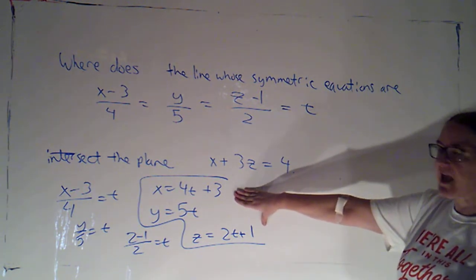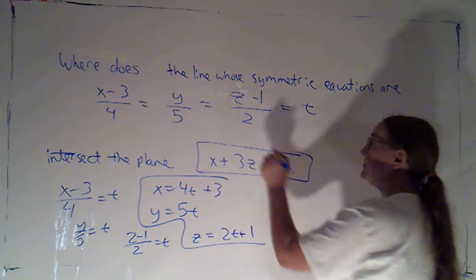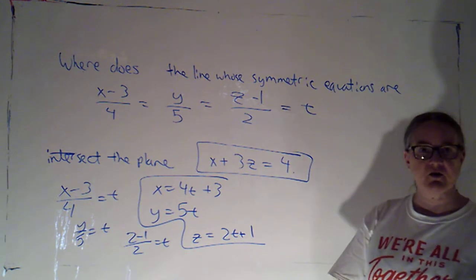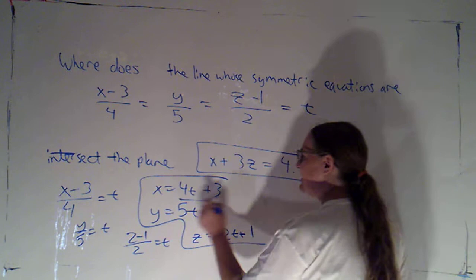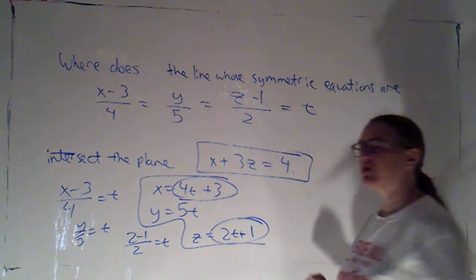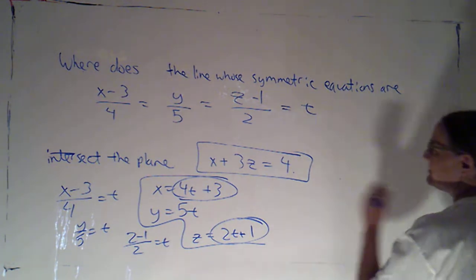So here I've gone to the parametric equations for my line, and so now I've got this way of describing x, y, and z, but if I'm looking at a point on the plane, this equation has to be true. Well, right now this is an equation in two variables, but if I plug in what x and z are in terms of t, it becomes an equation in one variable that I can solve. Okay.